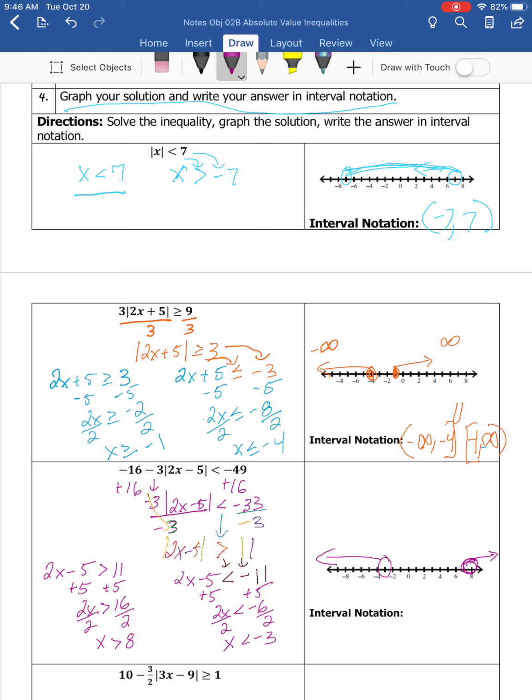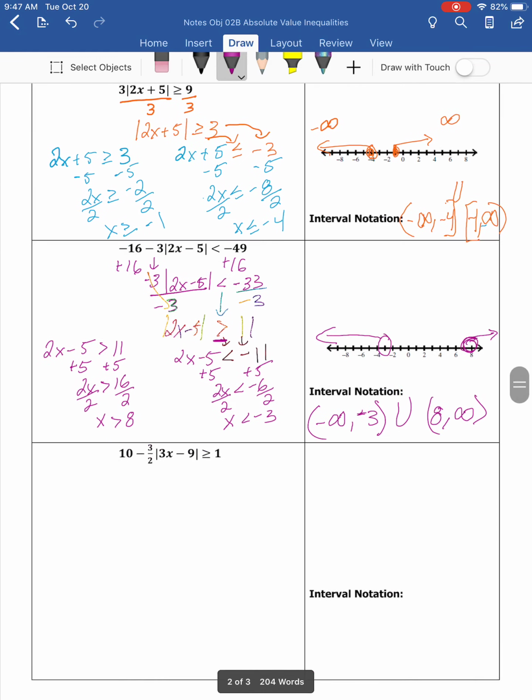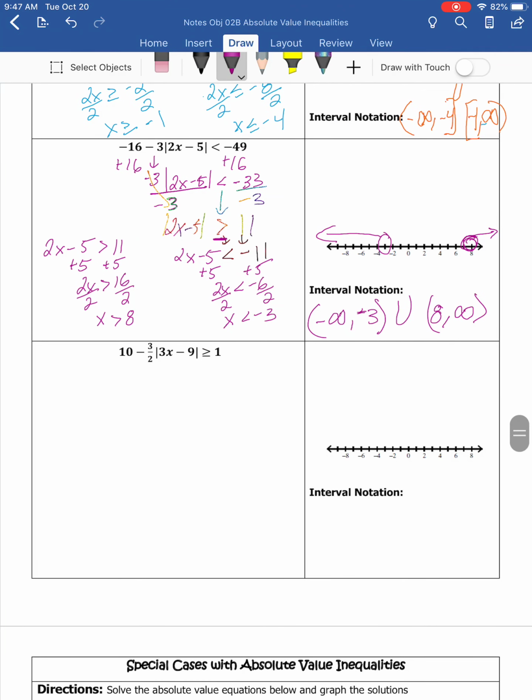In interval notation, it goes to the left, so I have negative infinity, stops at negative 3, and then my graph starts again at 8 and goes to positive infinity. Open parentheses on all four, because it's not or equal to, and I put the or symbol.